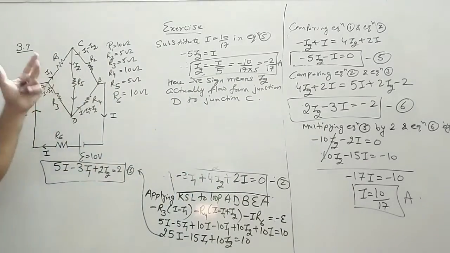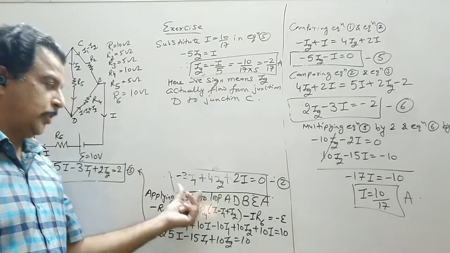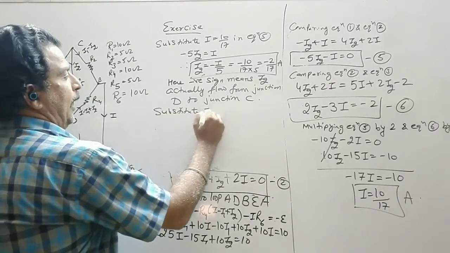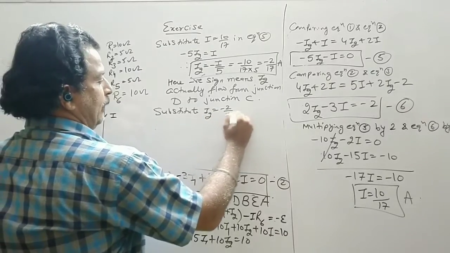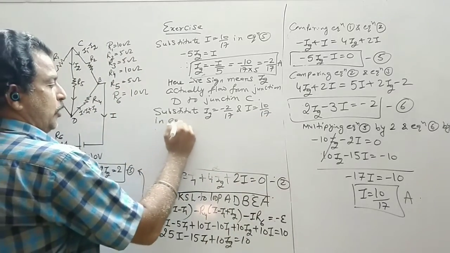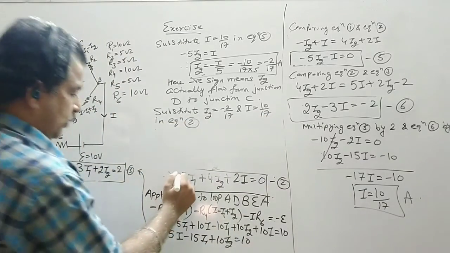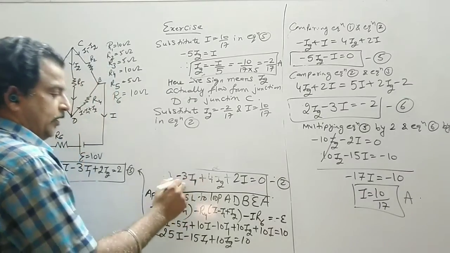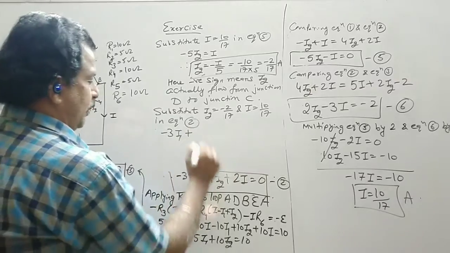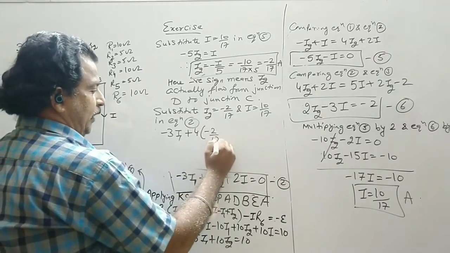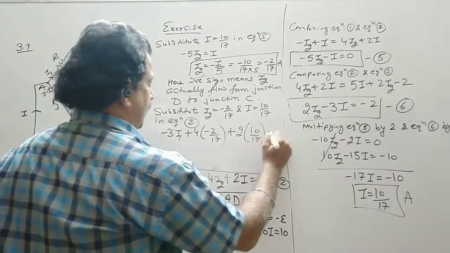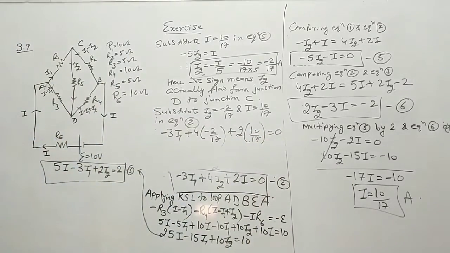Now I have to find I1. So I take the help of this equation and substitute I2 is equal to minus 2 upon 17 and I is equal to 10 upon 17 in equation number 2. So this was minus 3I1 plus 4I2, so plus 4 within bracket minus 2 upon 17, plus 2 into 10 upon 17 is equal to 0.